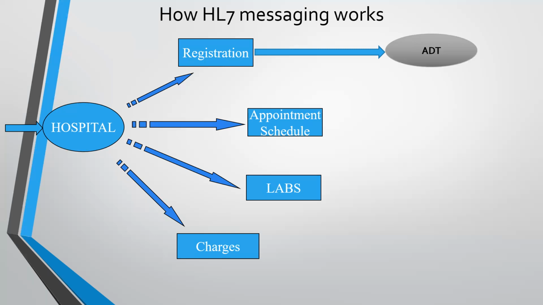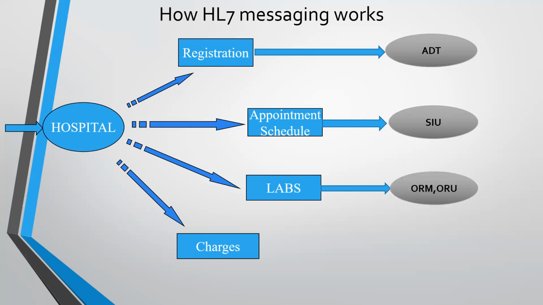Then you have appointments. Appointments are represented with a code called SIU. SIU stands for Scheduling Information Unsolicited. Any scheduling related event will be represented with the help of SIU. Similarly, you have ORM and ORU.